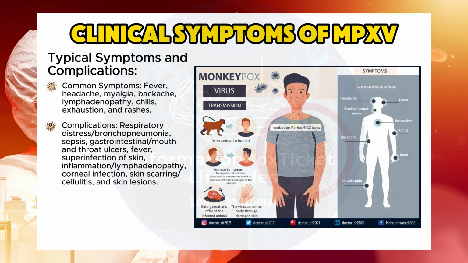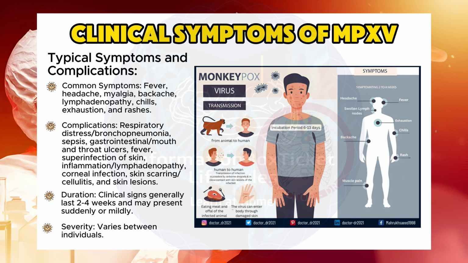Complications: respiratory distress, bronchopneumonia, sepsis, gastrointestinal problems, mouth and throat ulcers, fever, superinfection of skin, inflammation, lymphadenopathy, corneal infection, skin scarring, cellulitis, and skin lesions. Duration: clinical signs generally last 2 to 4 weeks and may present suddenly or mildly.